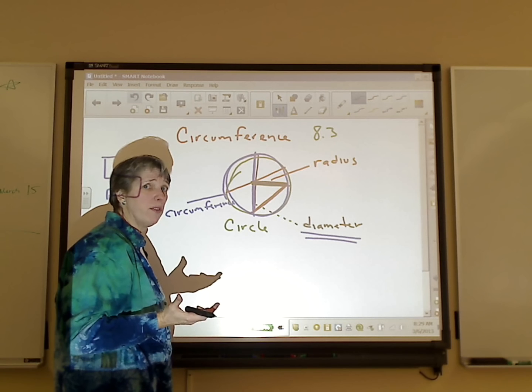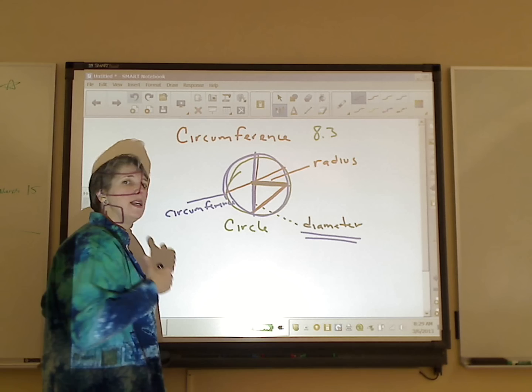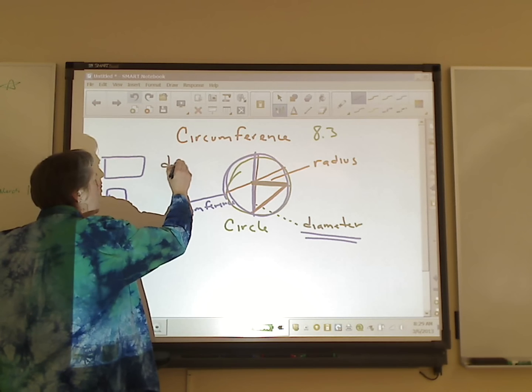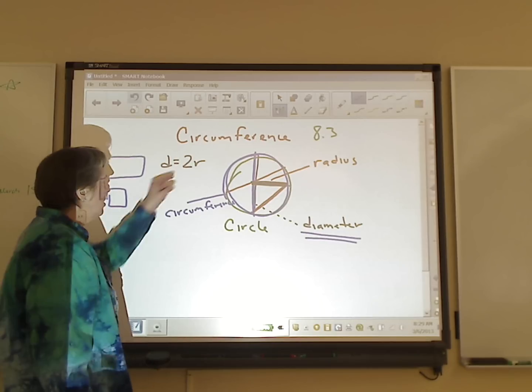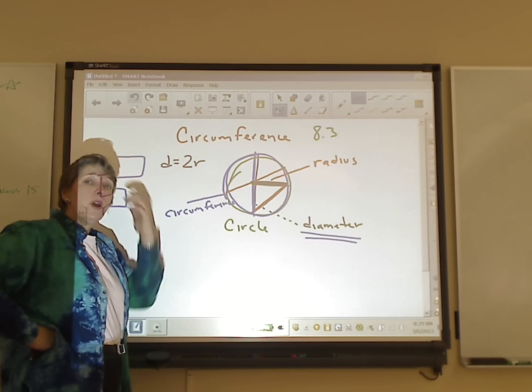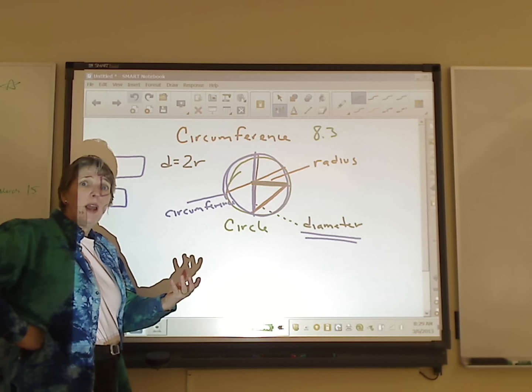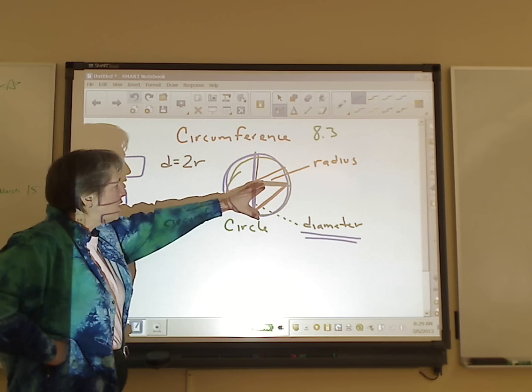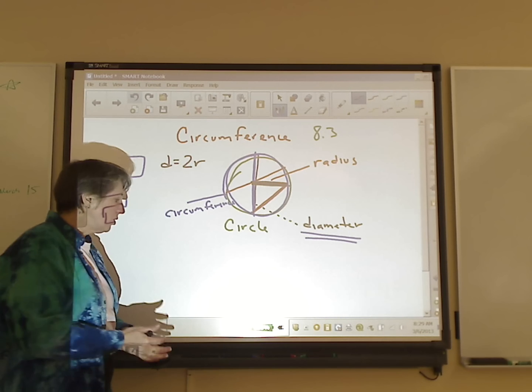That's really important for later. The radius is half the diameter. And there's a little formula: D equals 2 times R. Diameter equals 2 times the radius. So whatever the radius is, if I multiply it by 2, I'll get the diameter. So that's the radius, that's half of the diameter.